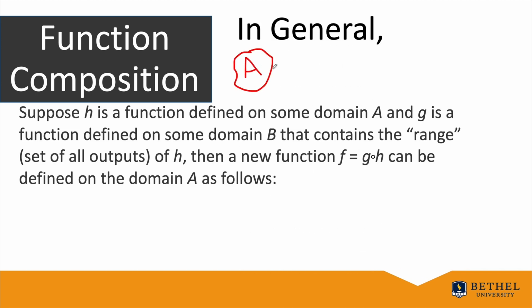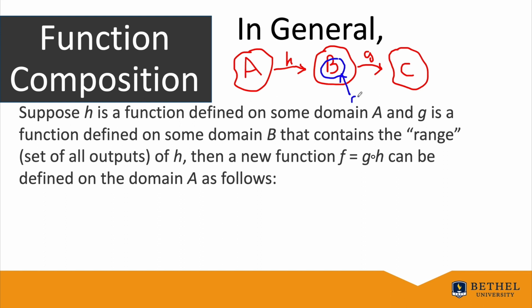Suppose h is a function defined on some domain a, which could be a subset of real numbers, and g is another function defined on some domain b that happens to contain the range of h, meaning the set of all outputs of h. Then we can define a new function f, written as g circle h or g compose h, by applying h first, then g.